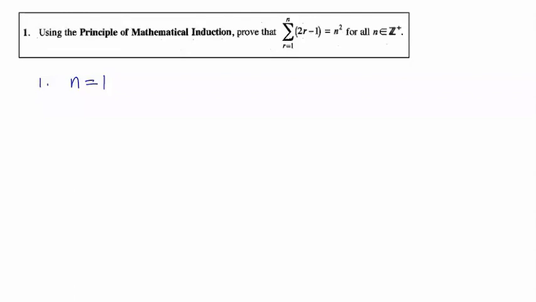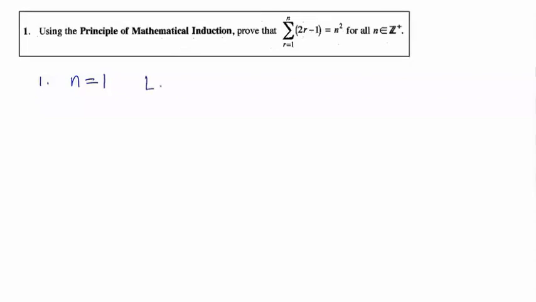So showing that this is true for n equals 1 is the first step. Let's see whether this is actually true. Left hand side, LHS, when n equals 1: r goes from 1 to just 1, which means we only have 1 term. When r equals 1, you get 2 times 1 minus 1, which is equal to 1.